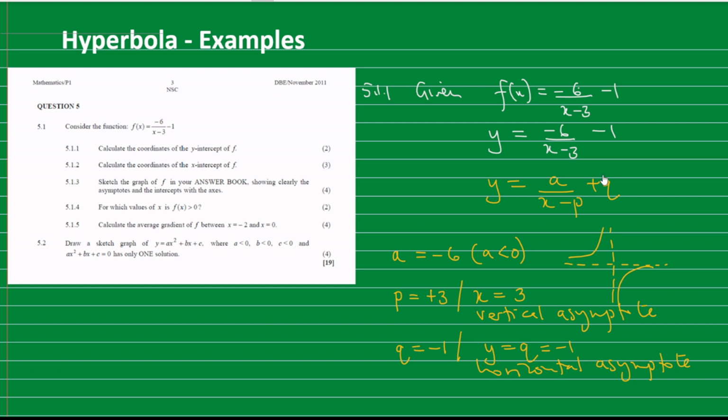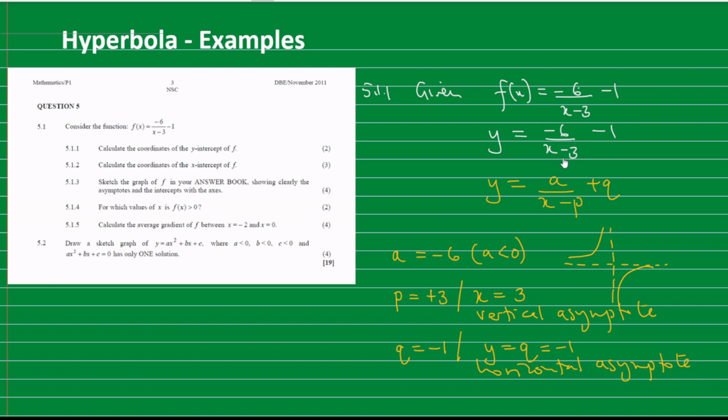Now, most students, what I found is when it comes to giving the p-value, they see an x minus 3, and when we ask what is p, most of them will say p is negative 3, because what we see here is a negative 3, which is not correct.